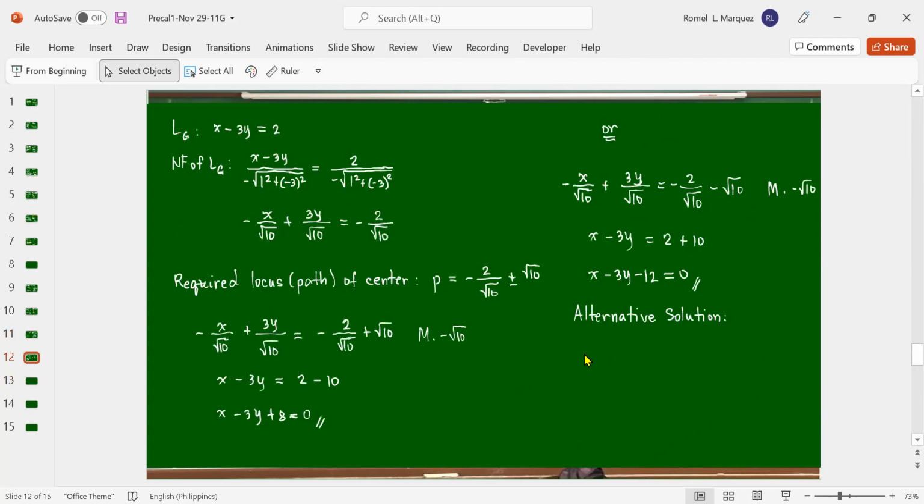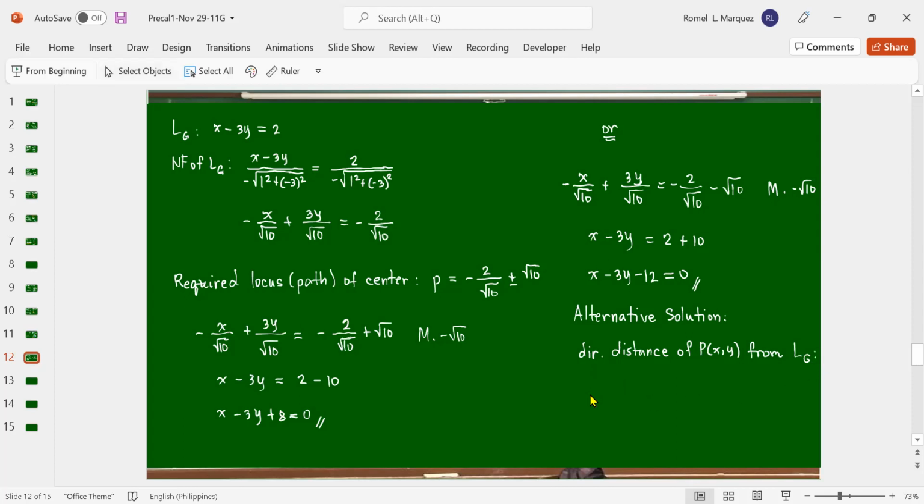So we want to get the directed distance of Pxy from LG. Okay?